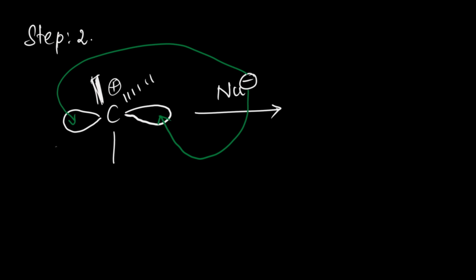So what kind of products can we expect? If that is attacking to the left, the product would be like this. That's it. If that is attacking away from the other lobe, then the product is like this.